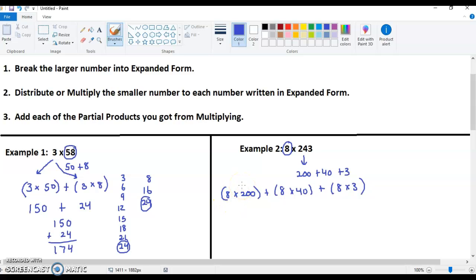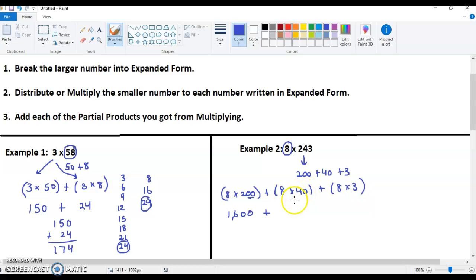Then you can just count by 200 eight times: 200, 400, 600, 800, 1000, 1200, 1400, 1600. And if those numbers are too big, just start with the 2 and count the number 2 eight times: 2, 4, 6, 8, 10, 12, 14, 16. So we know we have 16 and we have 2 zeros. So that's 1600.